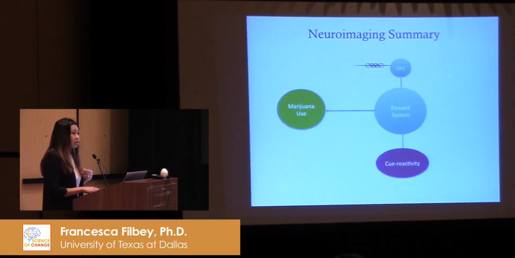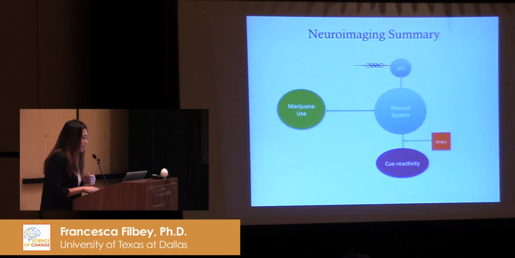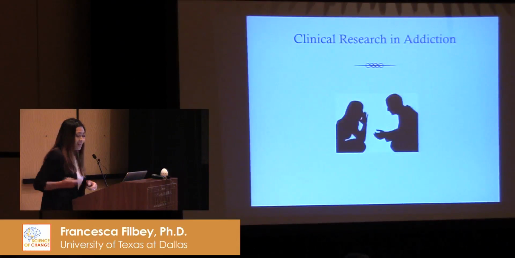But functionally, that cue reactivity or cue response in these areas within the reward system was also altered, and that response is modulated by stress, and it's also related to age of onset of regular use, as well as marijuana-related problems. So with that, I'd like to hand it over to Sarah.